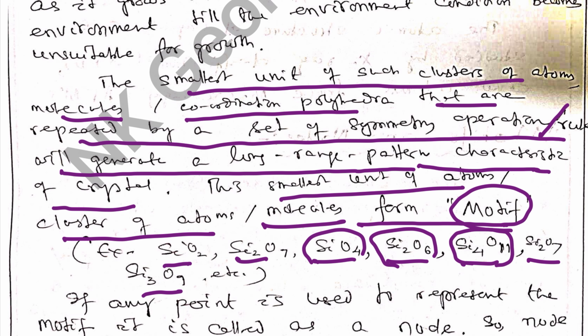That's why we take into account the SiO4 tetrahedron as the building unit, which gets linked with other building units of SiO4 tetrahedron, and thus different types of links of the SiO4 tetrahedra develop, conforming to compositions like SiO2, Si2O7, SiO4, Si2O6, Si4O11, Si2O7, Si3O9.